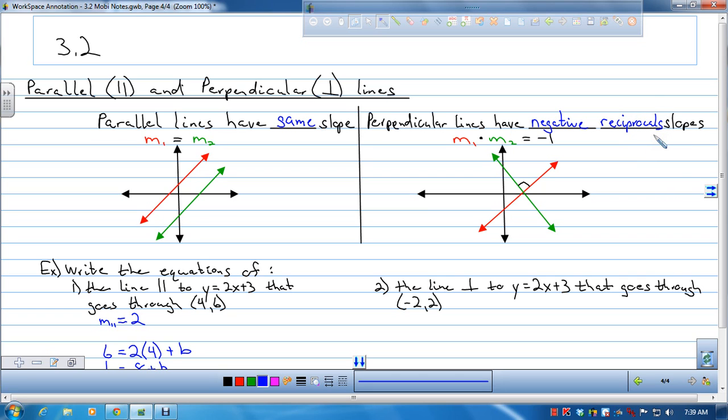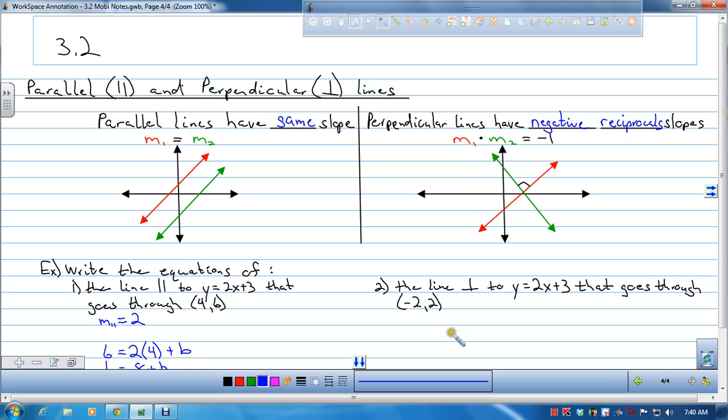And what a negative reciprocal is when you take something times something else and you get -1 for a product. For example, the reciprocal of 3 is 1/3, right? So the negative reciprocal of 3 is -1/3. So in order for lines to be perpendicular, if this slope was 3, this slope would have to be -1/3.